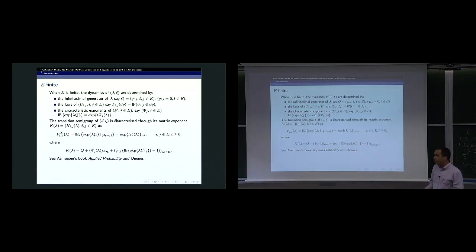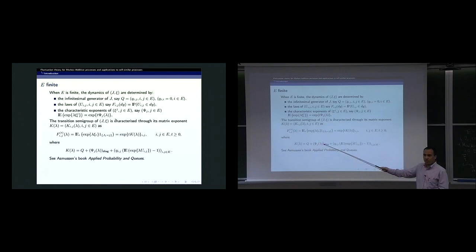Okay? And the matrix K is the matrix that is diagonal, and in the diagonals are the characteristic exponent psi j. Then here are described the continuous part, but also the jumps.